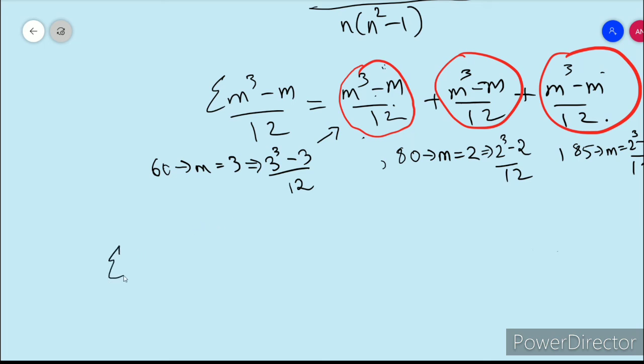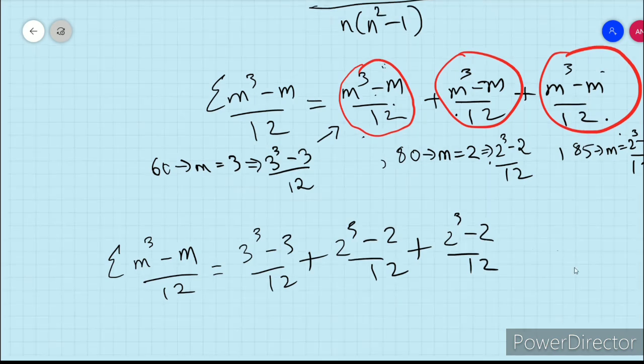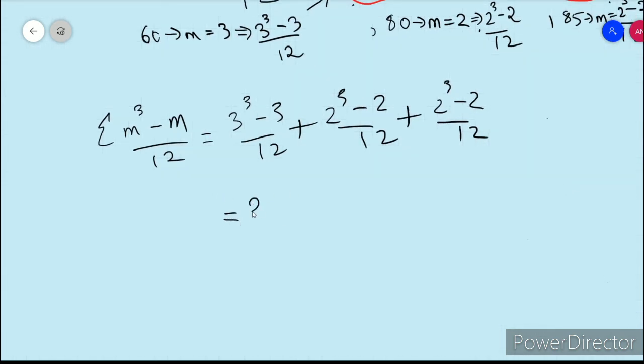So now we know the different parts. We can just simply substitute the values. We know this part here is this much, this part over here is this much, and the other part is this much. So this is equal to 27 minus 3 divided by 12 plus 8 minus 2 divided by 12 plus 8 minus 2 divided by 12.